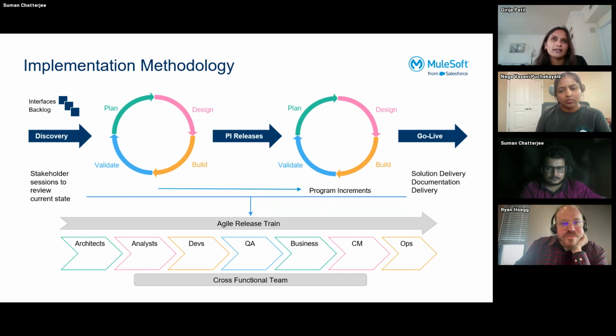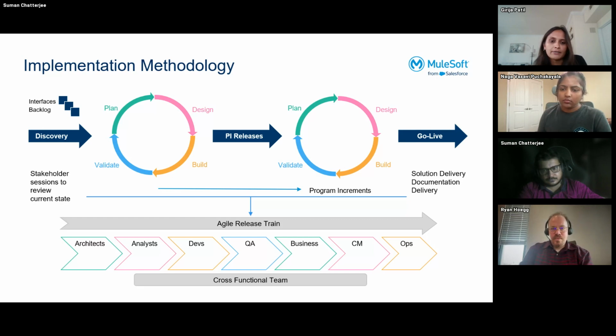As Suman already mentioned, it's not easy to identify these interfaces. Obviously, we would not know the entire infrastructure of the customer. So multiple design discussions and workshops really helped us in identifying these interfaces.